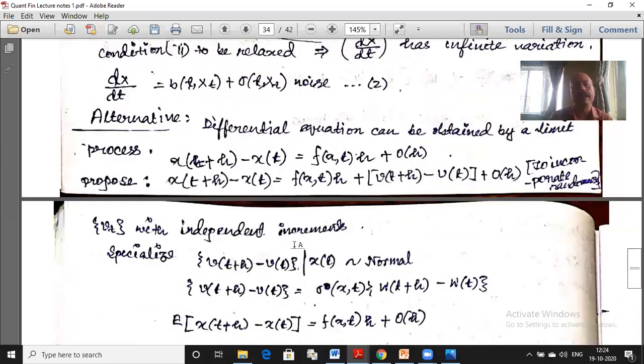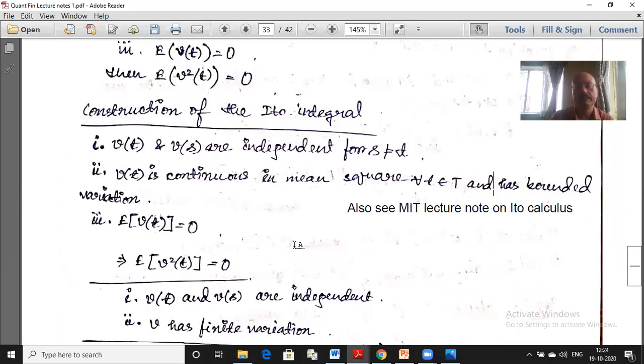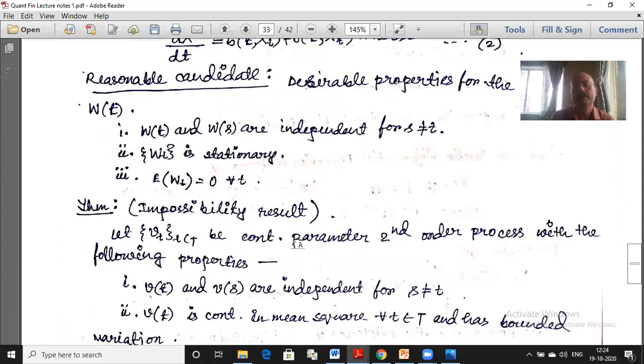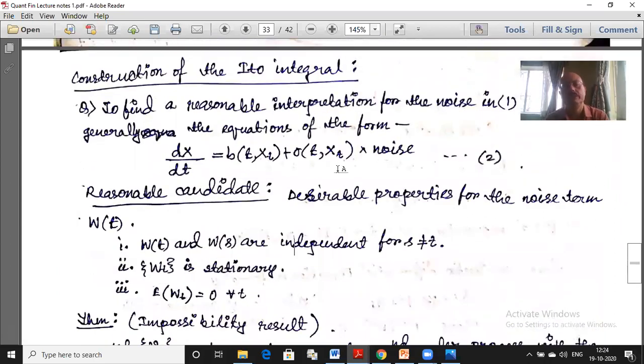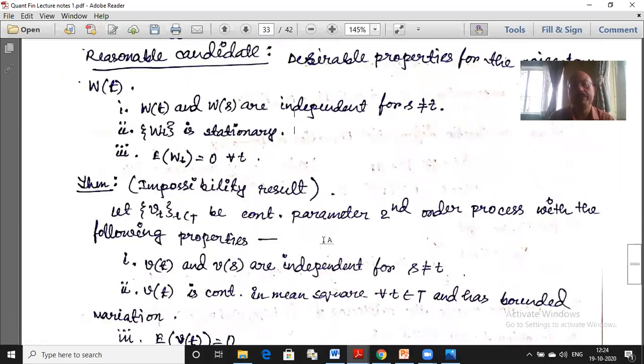I will just go back up and reiterate this, because it's a subtle point. I wanted to make sense of this stochastic differential equation, and I need a reasonable candidate for noise. I initially proposed some desirable properties. Along with that, we added the capital A assumptions with continuity in mean square and bounded variation.